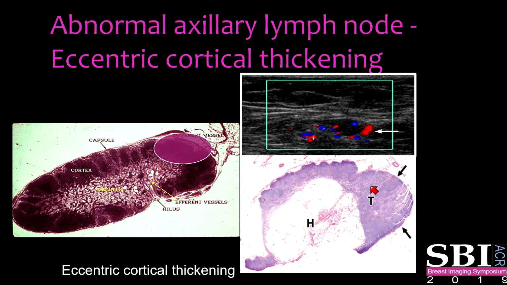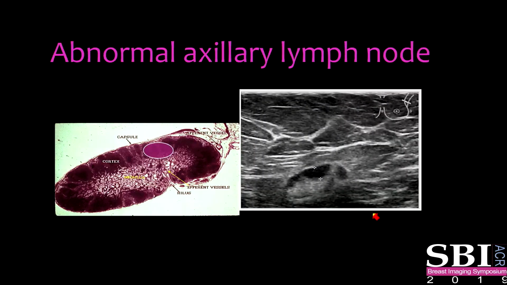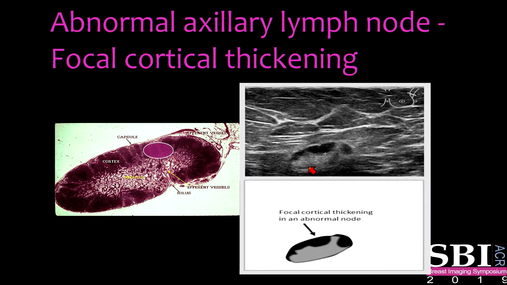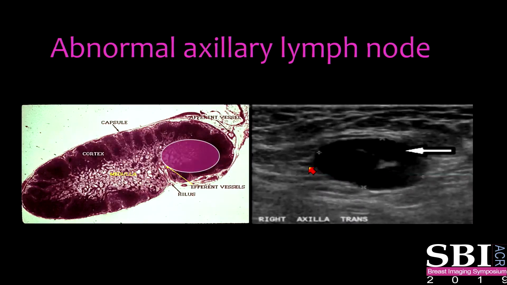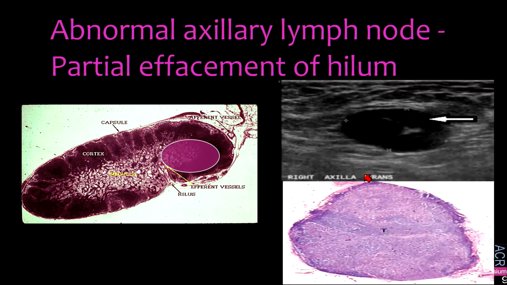And so that's the appearance that we see with eccentric cortical thickening. The tumor cells can get deposited at the corticomedullary junction, and we get the appearance of this focal cortical thickening. The tumor cells can compress the medulla and cause partial effacement of the lymph node, as seen over here.